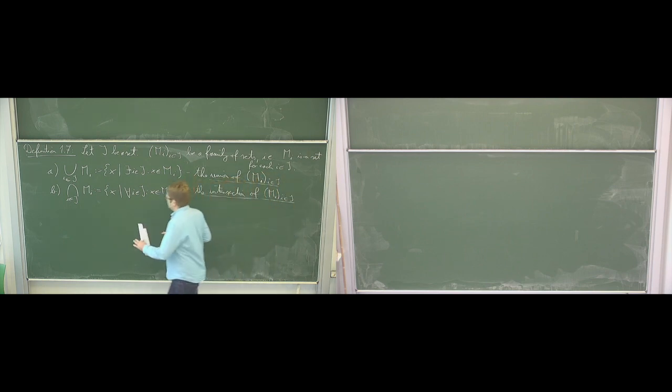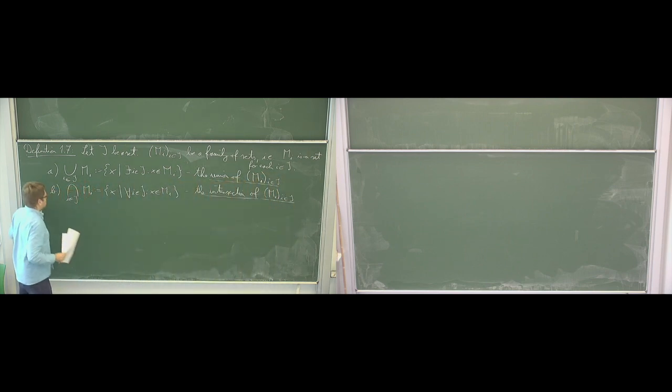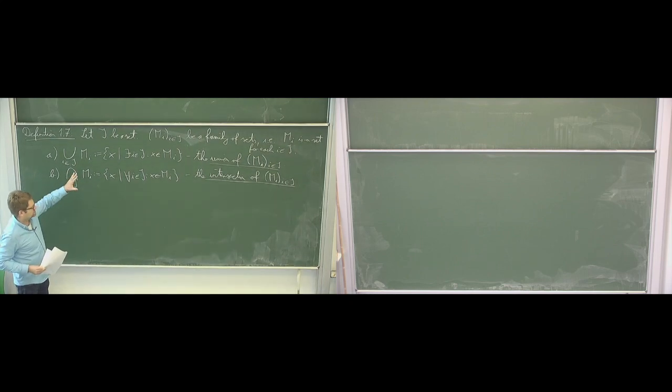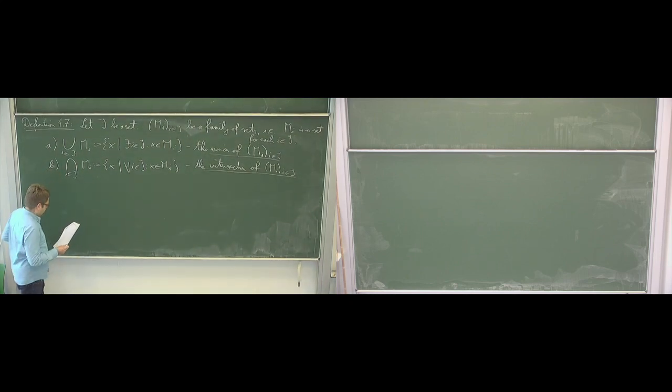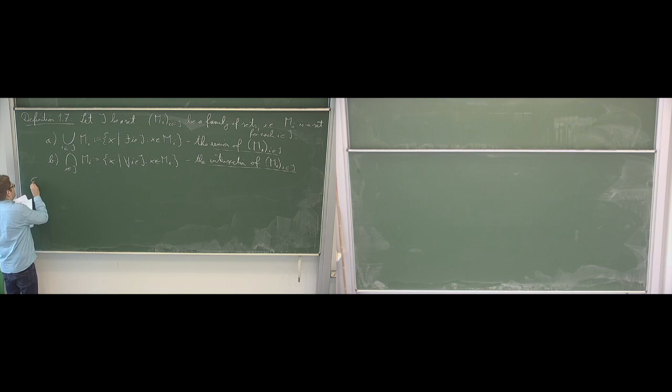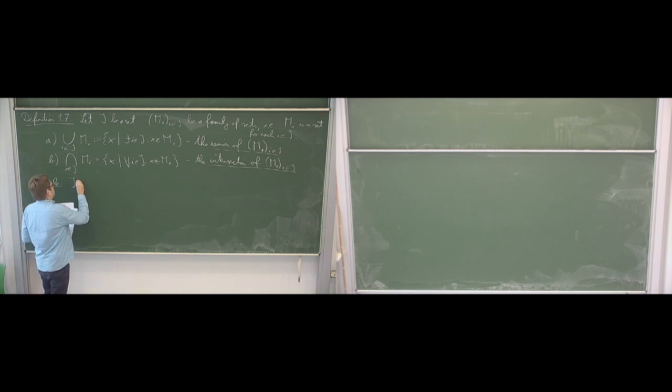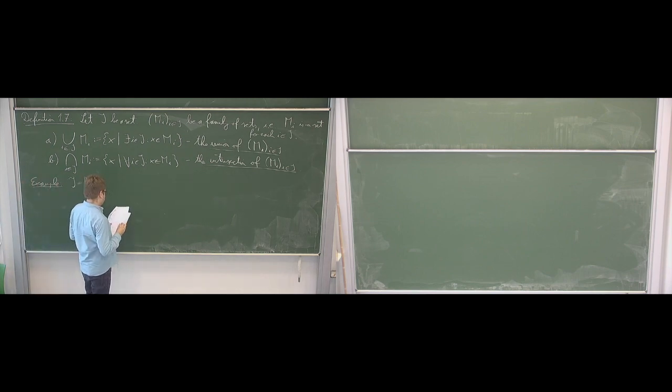Okay, we probably won't need these notions straight away, only later, but I want to give this general description before. As a simple example, let's take the natural numbers as the index set I, and this means for every element of N we take a set, and we take the following.